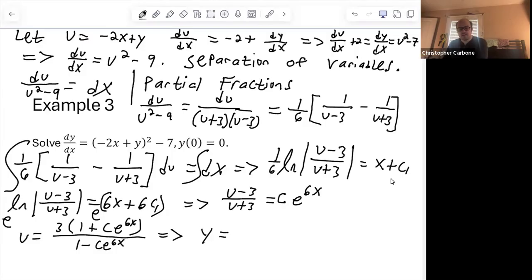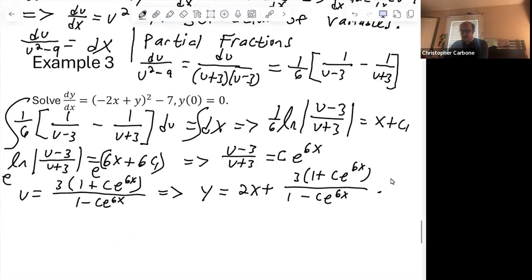We will replace the u with negative 2x plus y and add over the 2x to get y is equal to 2x plus 3 times 1 plus c times e to the 6x divided by 1 minus c times e to the 6x.